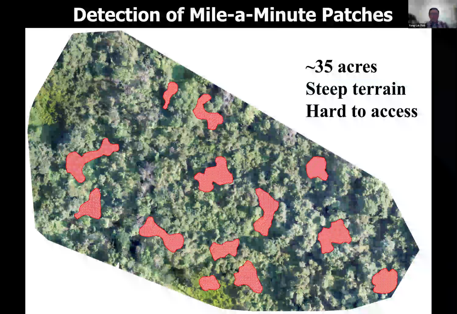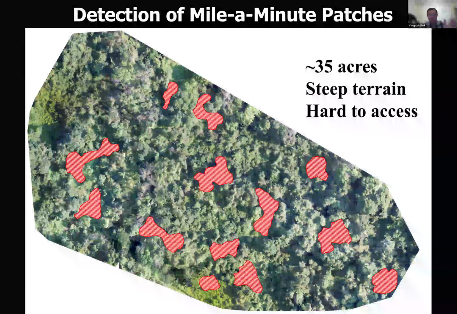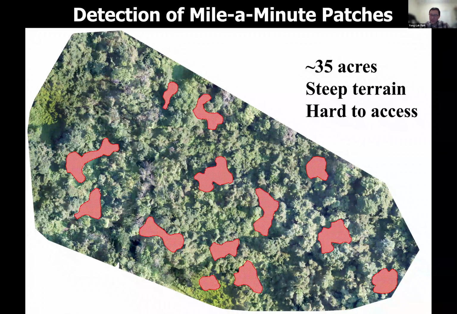To make a long story short, now we know where the invasive species are, and we have to deliver natural enemies to the places where humans cannot go. So we are going to use a drone to drop natural enemies on each of these patches of invasive plants.